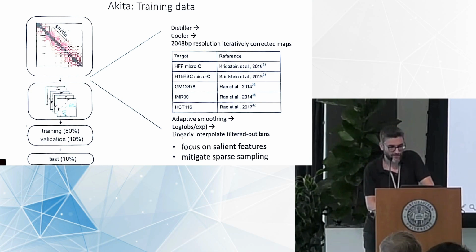Then we took observed over expected with CoolTools functions, as Sasha discussed. Neural networks don't really like NaNs. This is something that the first iteration of models that we tried to train failed on: we didn't handle missing bins very well.